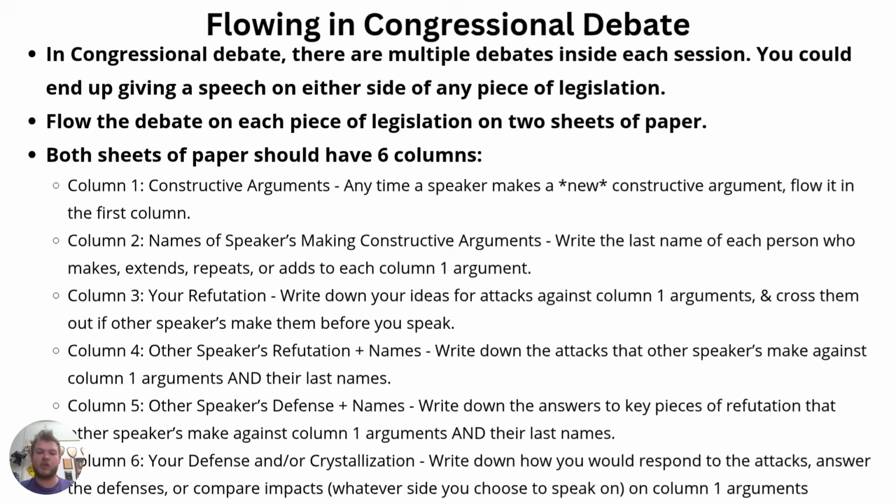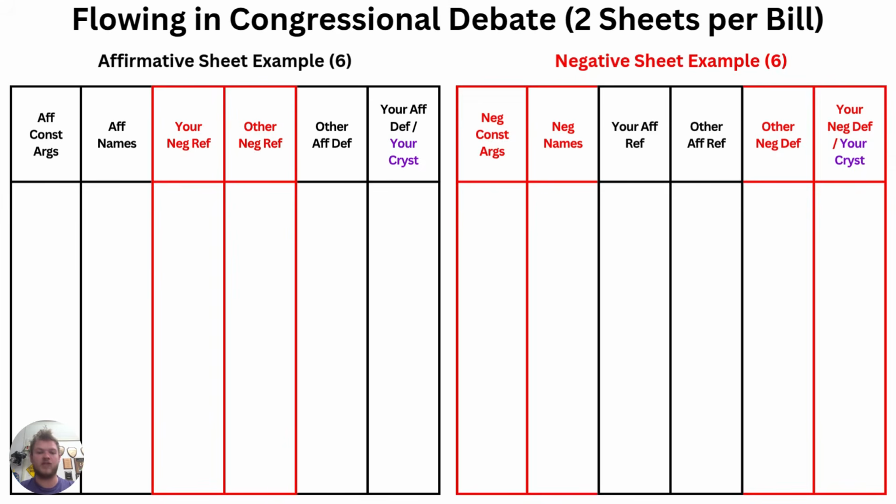So that might sound really complicated, but here's what it would look like visually. You have 2 sheets of paper with 6 columns each. Anytime you hear a new affirmative argument, it goes on that first column of the left sheet of paper. Anytime you hear a new negative argument, it goes on the first column of the right side piece of paper. Then you write down the names of people who said those points in the second column. You write down your ideas for attacks on the opposing side in that third column.